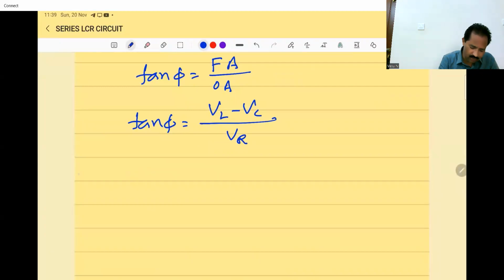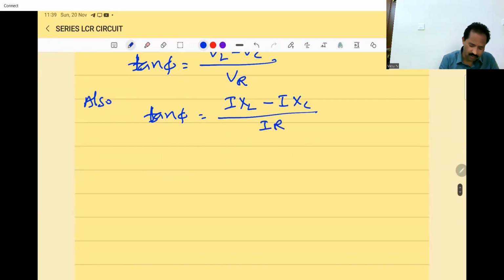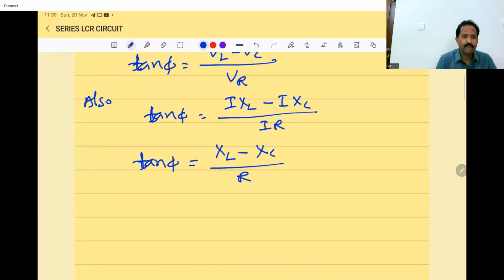Also, tan phi is equal to I into XL minus I into XC, divided by I into R. Now I cancels, because in the numerator I is common and the denominator has I. Take note.